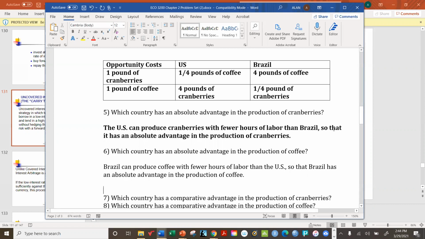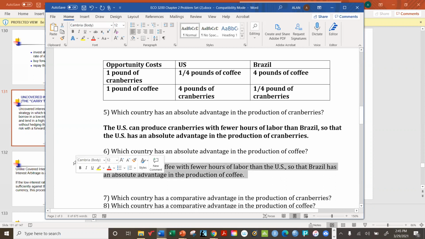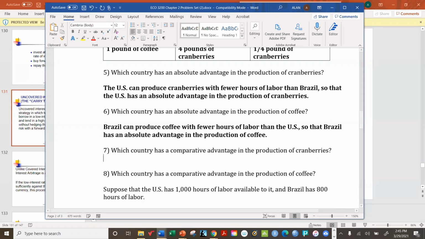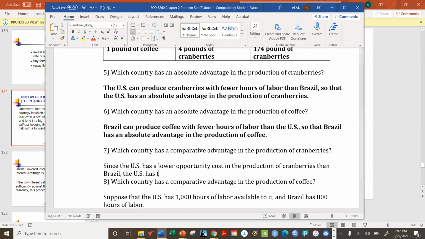All right. Let me just fix this for a second. There we go. But then when it comes to the comparative advantage, we're thinking in terms of opportunity costs. So since the US has a lower opportunity cost in the production of cranberries than Brazil, the US has the comparative advantage in the production of cranberries.